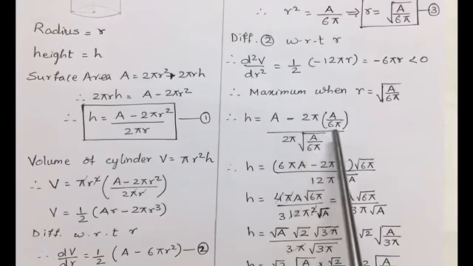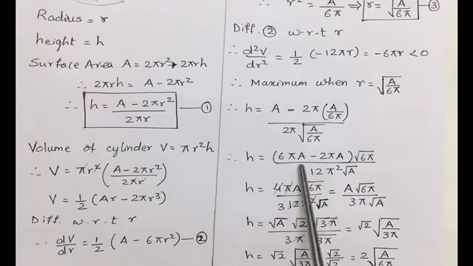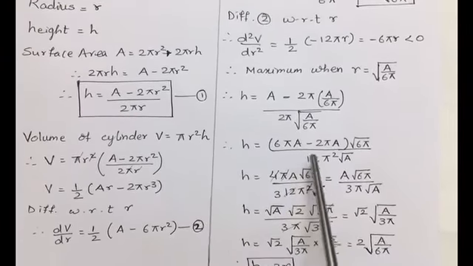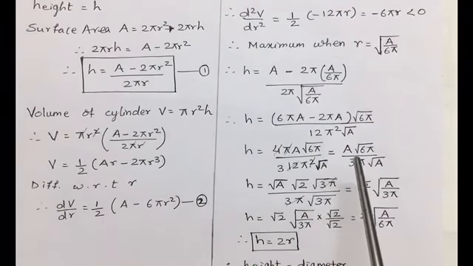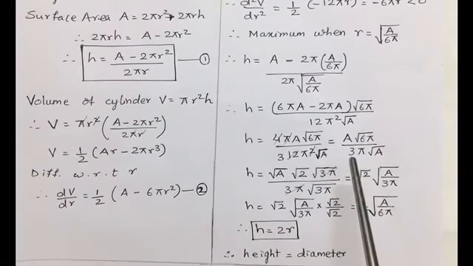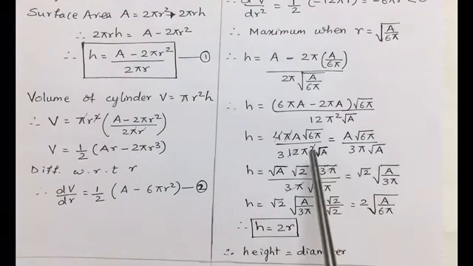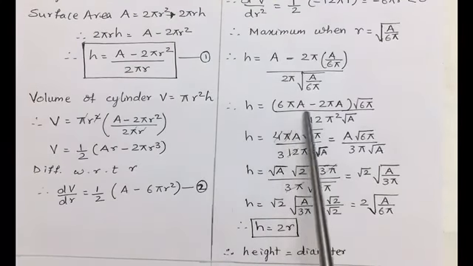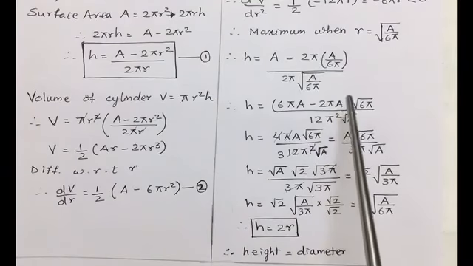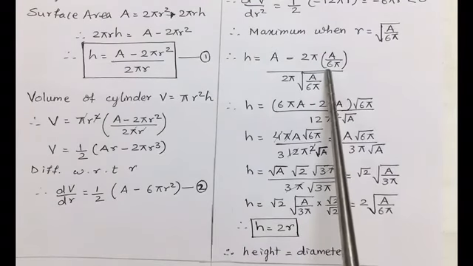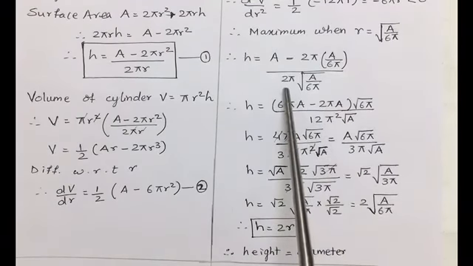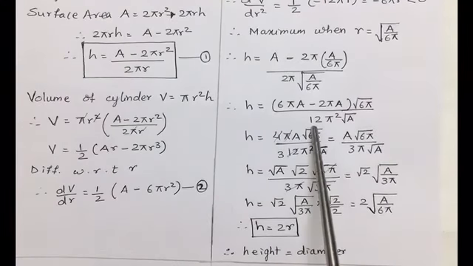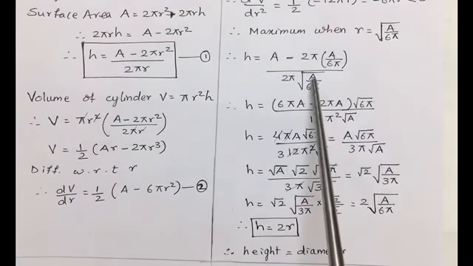Taking the LCM and solving it, numerator LCM is 6 pi, so 6 pi a minus 2 pi a. The 6 pi from the numerator gets multiplied with 2 pi, we get 12 pi square. Root of a remains as it is.